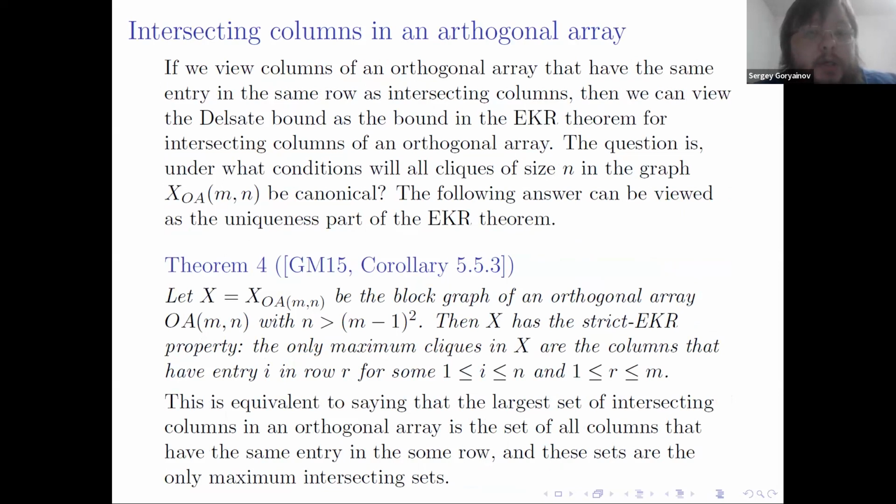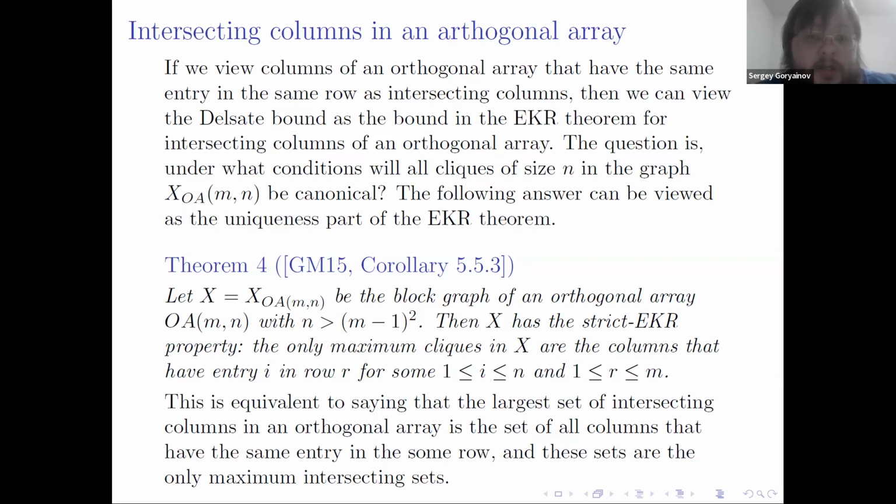If we view columns of an orthogonal array that have the same entry in the same row as intersecting columns, then we can view this bound as the bound in the Erdős-Ko-Rado theorem for intersecting columns of an orthogonal array. And the question is, under what conditions will all cliques of size n in the graph X_OA(m,n) be canonical?